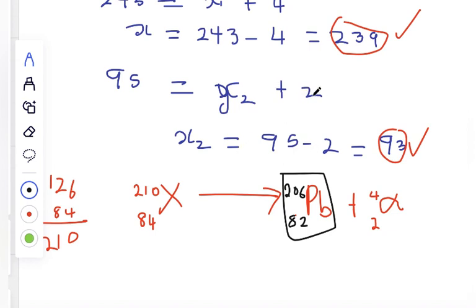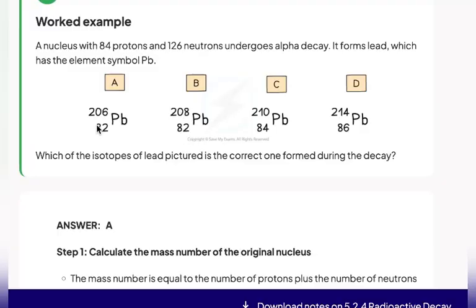Okay, so that's what it is. So here, if you look at the options in the exam, A is this, B is this, C is this, D is this. The question says it's a nucleus with 84 protons and 126 neutrons. Many students will make the mistake of thinking this is the mass number and putting 126 on top. No, this is just the number of neutrons.